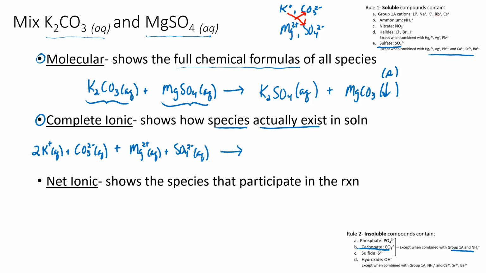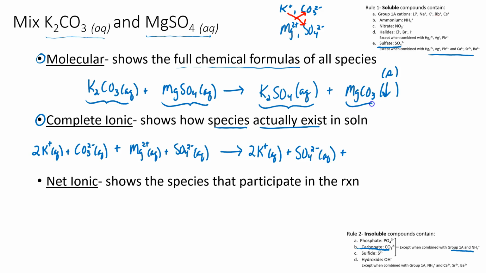Now on to the products. Potassium sulfate, that's another soluble ionic compound. That's a strong electrolyte. It's going to dissociate into two potassium ions. And again, there's two because of this subscript 2. And one sulfate.